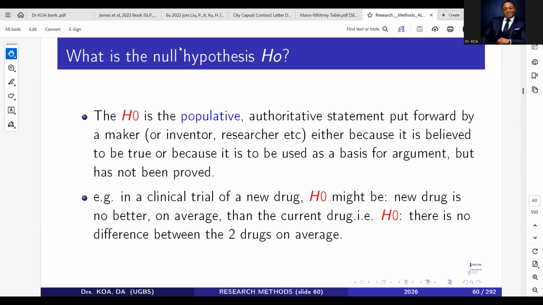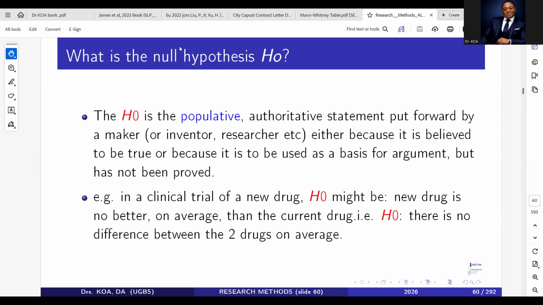Now, write this down. The null hypothesis always has some level of equality in it.